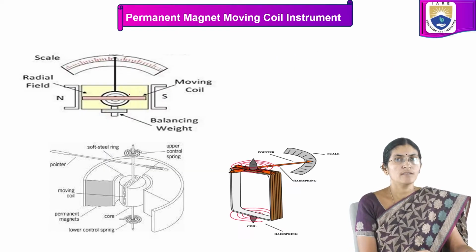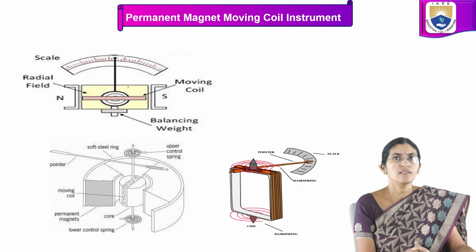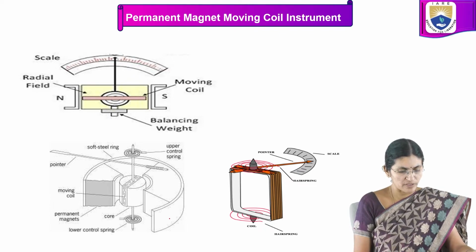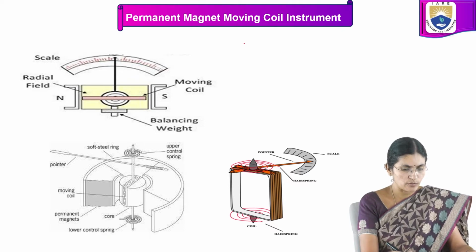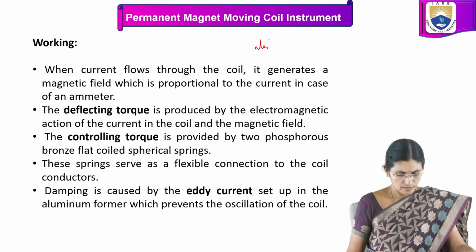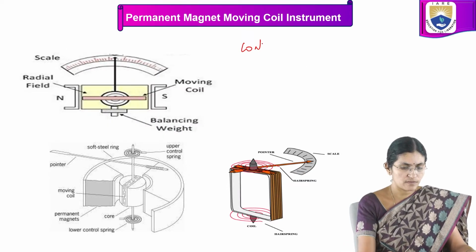So you can see another view of permanent magnet moving coil instrument. This is the upper view, and this is another view of PMMC instrument. You can see here the same. Here we have control springs also.